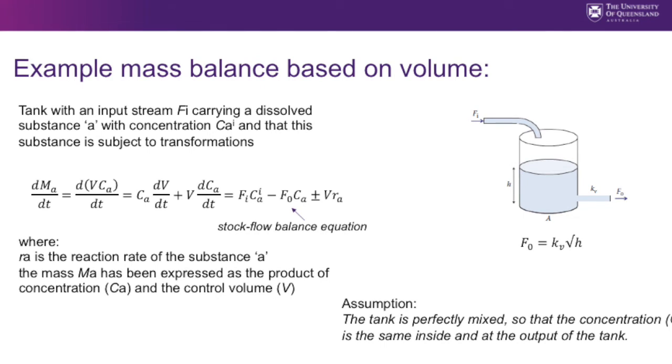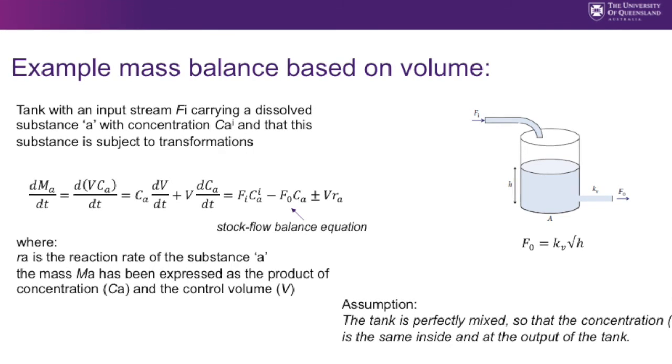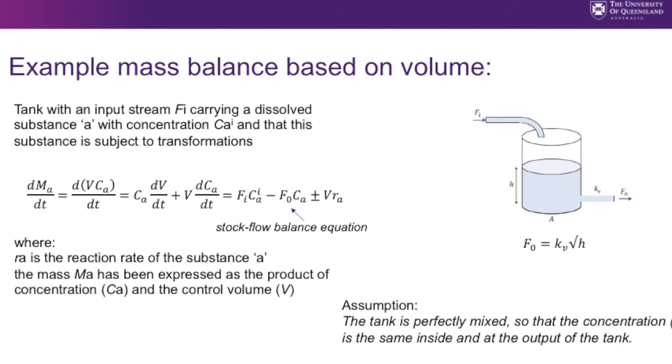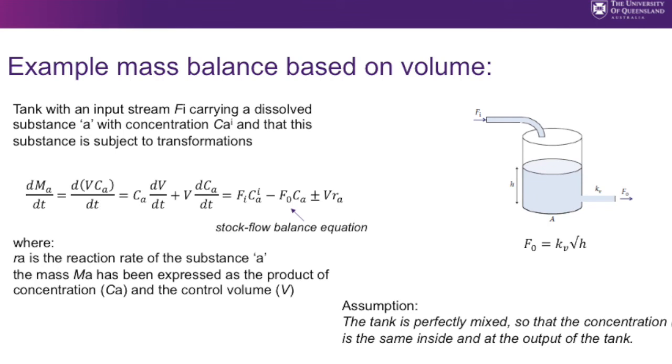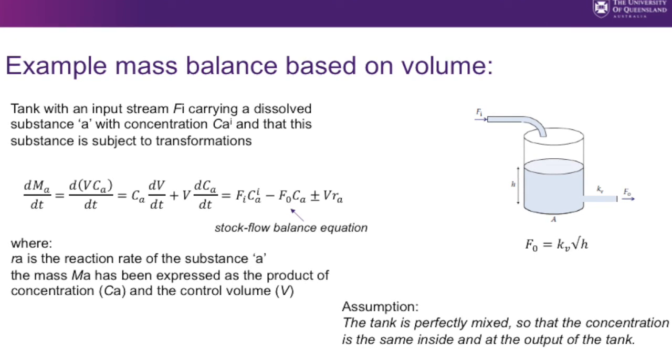And then this differential equation can be split into two differential equations that contain the flows in and flows out. This is what is called a stock flow balance equation, where Ra is the reaction rate of the substance A, and the mass Ma has been expressed as the product of concentration and the control volume.